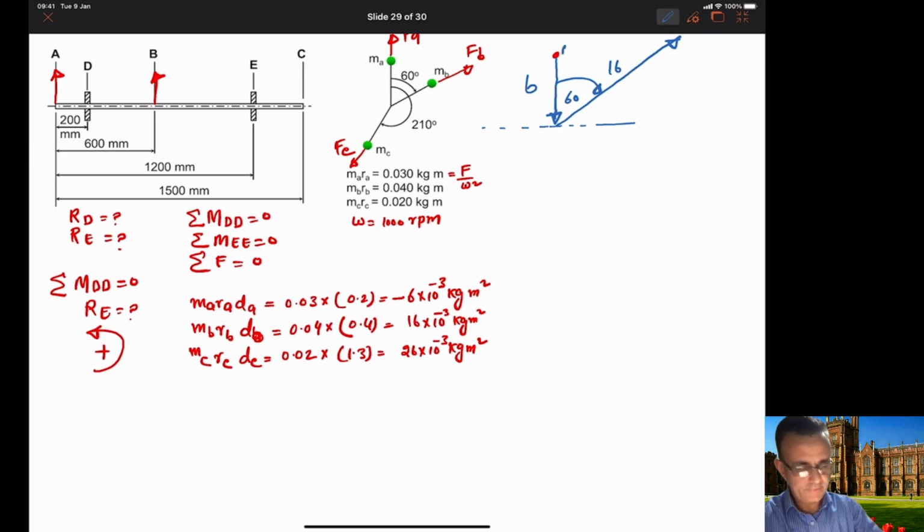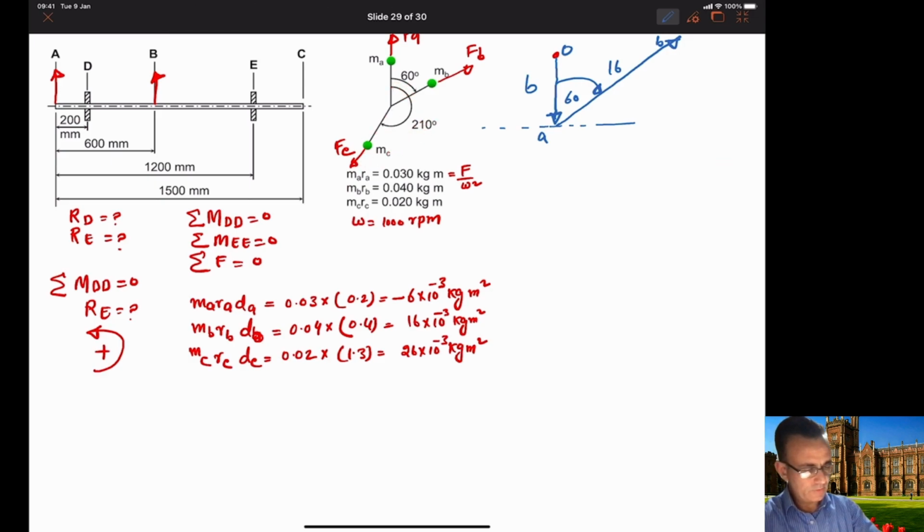If you call this O, this A, and this B, so AB is 16, and this should make an angle of 60 with the vertical, and the direction of this is in the direction of the force. And similarly, you have the MCRCDC, which is this here.